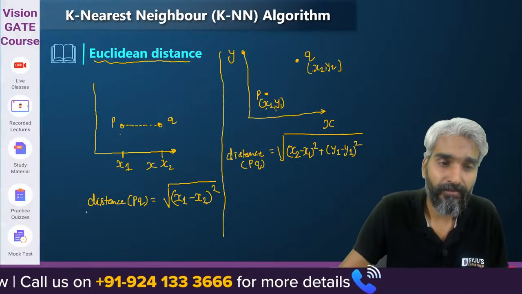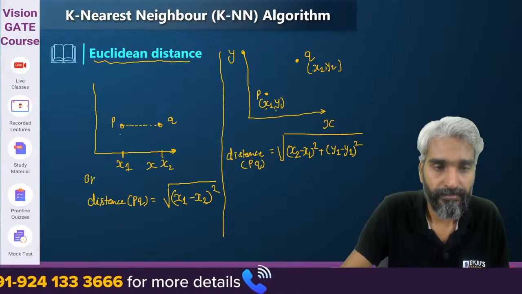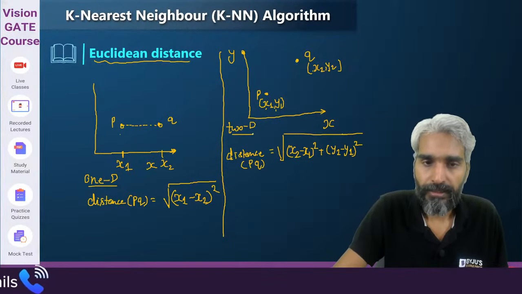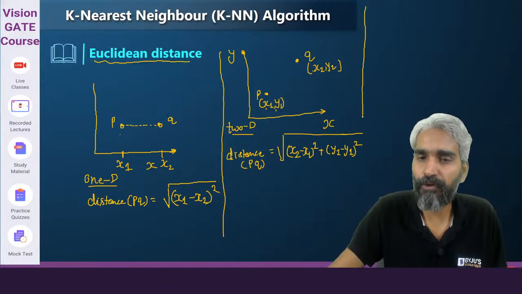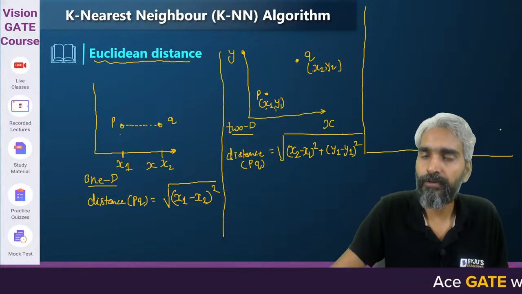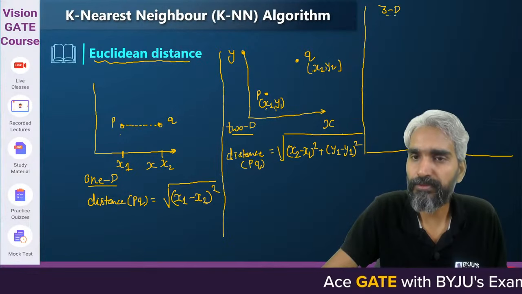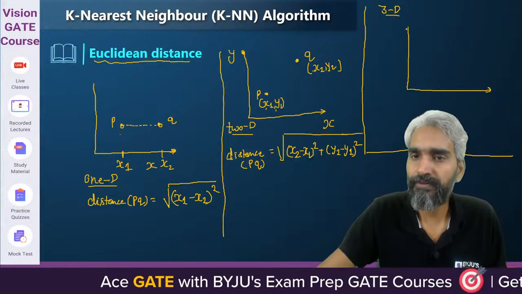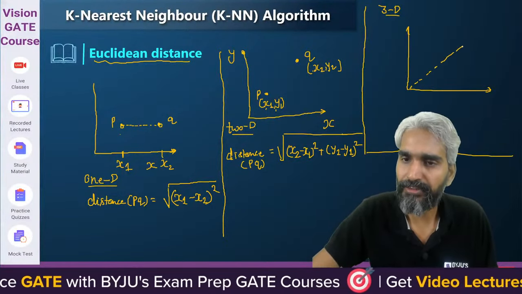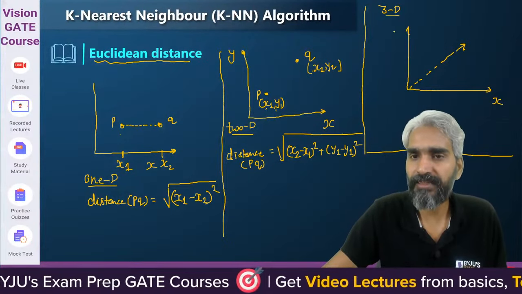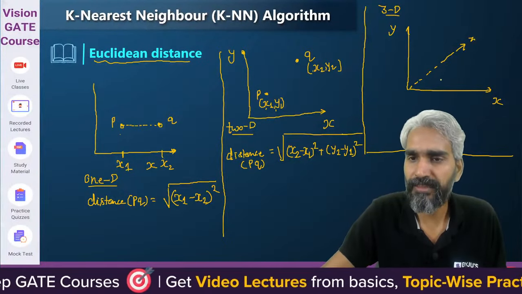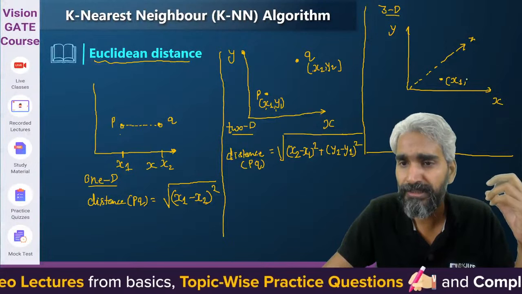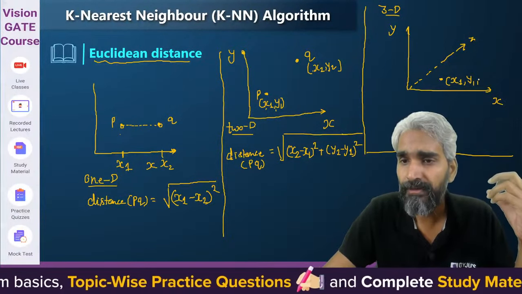If it is one dimensional, this is the case. If it is two dimensional, this is the case. We also know the situation with respect to three dimensional. I hope that you can visualize this concept that yes, this is a third dimension Z. So this is dimension X, this is dimension Y, this is dimension Z. If I define a point, you cannot visualize this, but let's assume that this is a point in three-dimensional space, then it will be X1, Y1 and Z1.